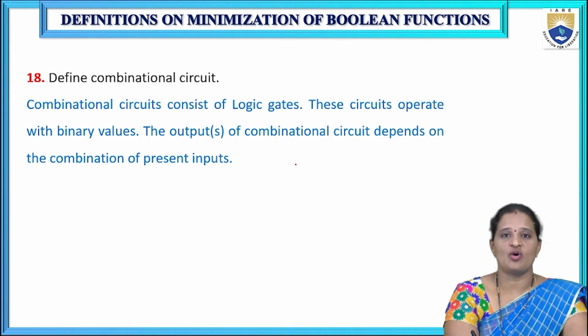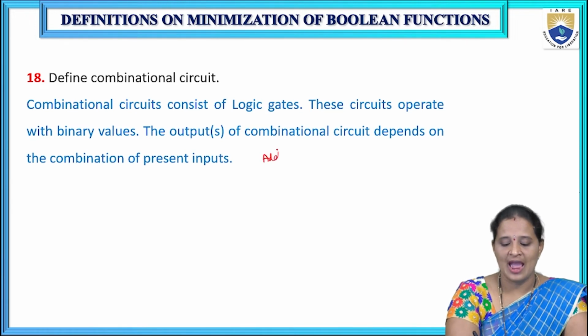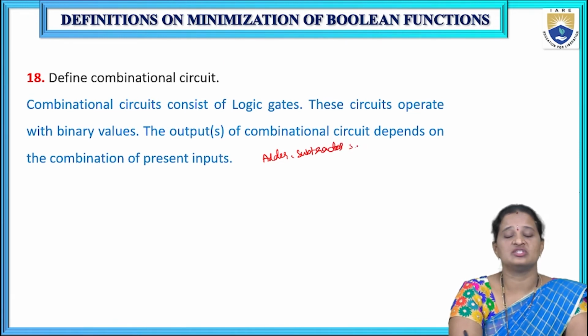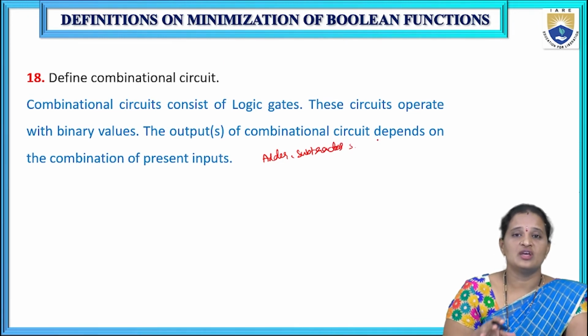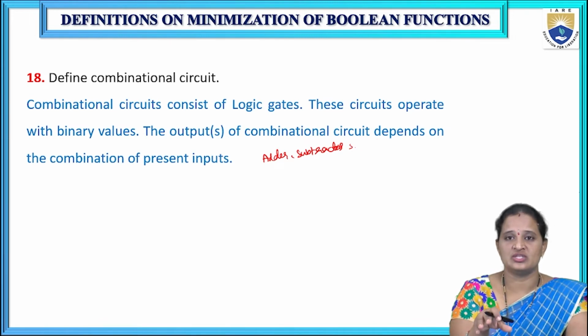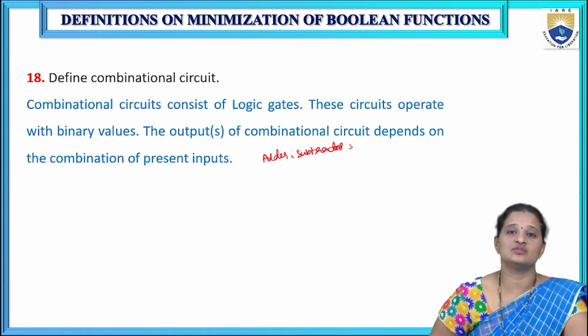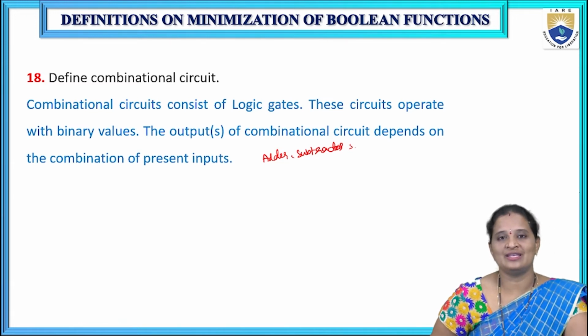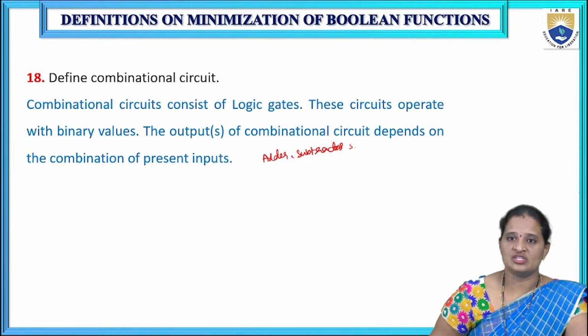The examples of combinational logic circuits are adders, subtractors, multiplexers, demultiplexers, encoders, decoders, and so on, in which the output depends only on the input applied at that particular instant of time. It won't depend on the previous inputs or previous outputs of the circuit, and it does not require any memory unit, and also no feedback is required in a combinational logic circuit.